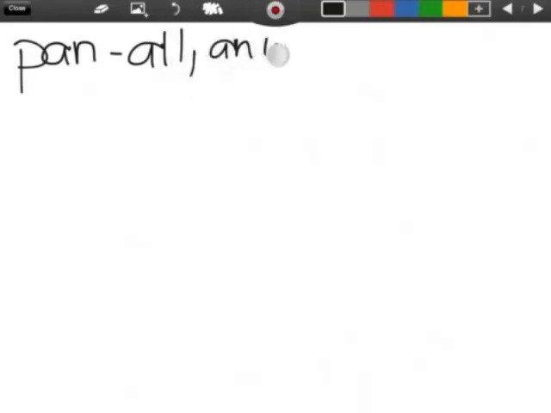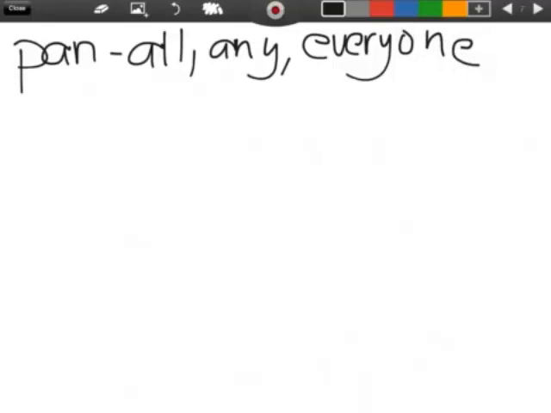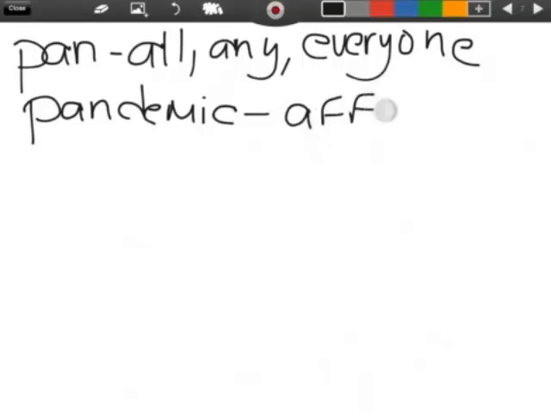Moving on to our next root, which is pan. And pan means all, any, and everyone. I'm going to give you an example. Pandemic, and that means affecting all.